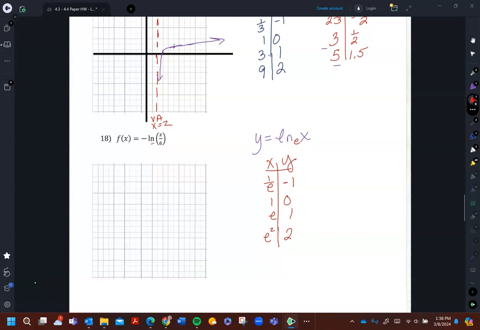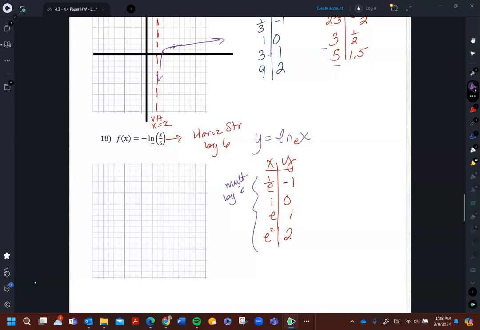And then on this one, we are compressing, or actually stretching, horizontal stretch. And that's going to be by 6. So on all my x's here, I'm going to multiply all these by 6.